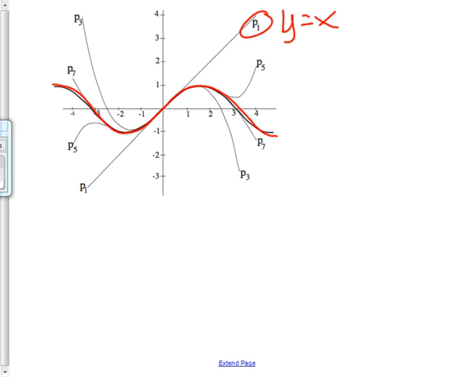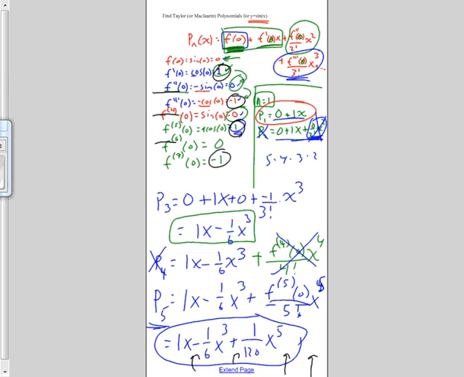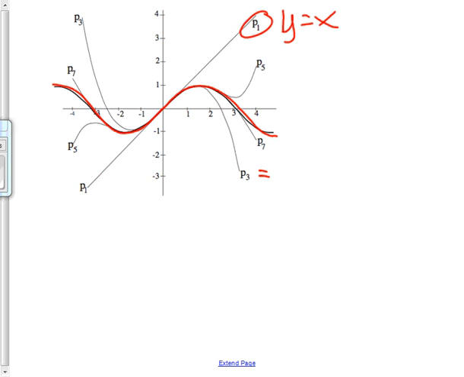And P3, going back to P3, was 1x minus 1/6 x cubed. So rewriting that, I'm going to write it as negative 1/6 x cubed plus x, so it's in descending order. We see that we have a negative leading coefficient. So that's why it makes sense that our graph looks as it does.